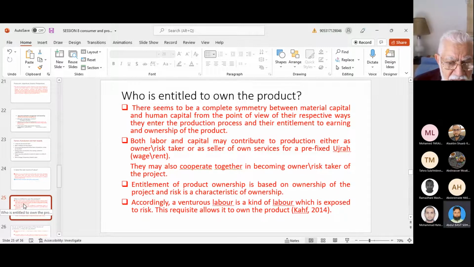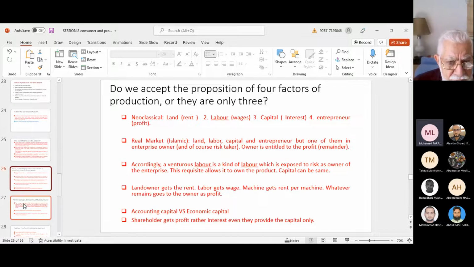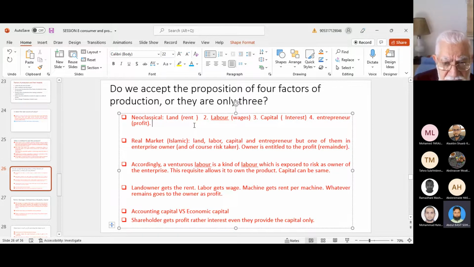First of all, let's see, do we agree with the idea that land, capital, labor, and entrepreneurship are factors of production, and we accept them as factors of production? I find no issue with this. Of course, all these are factors of production. The entrepreneur is the person that puts factors together.